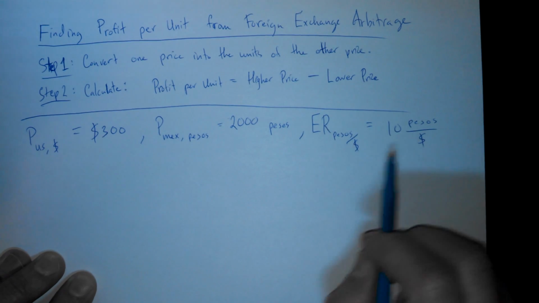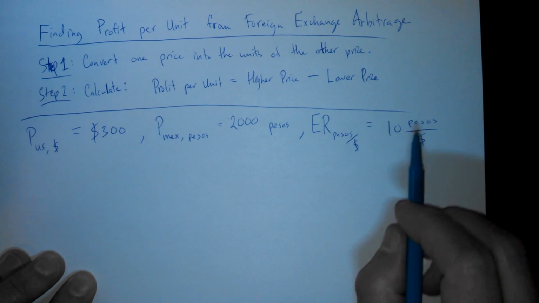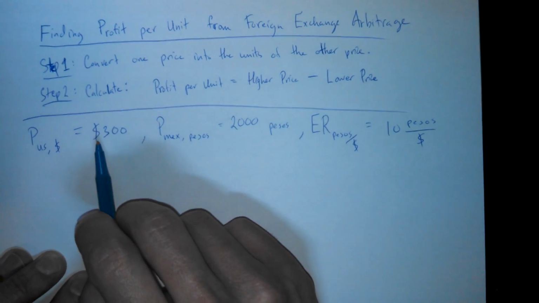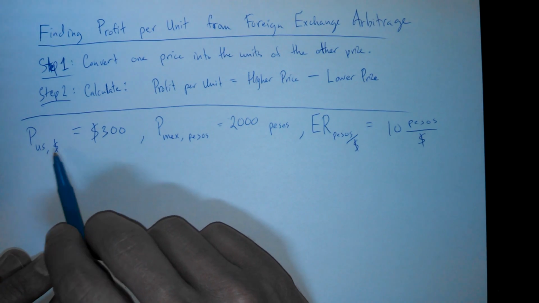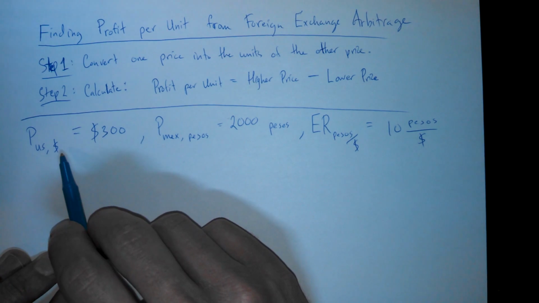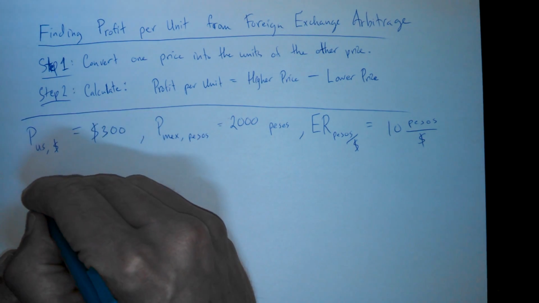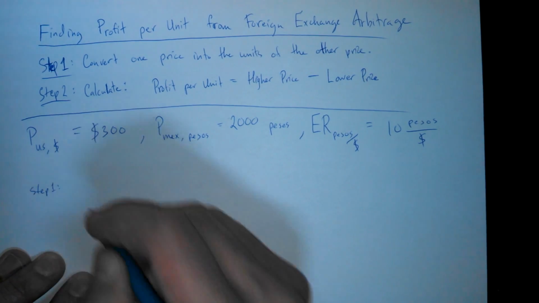So since we already have the exchange rate of pesos per dollar, that means we can just multiply this times the price in the United States in dollars and get a price in the United States in terms of how many pesos it takes to buy a refrigerator. So let's do an example of step one here.